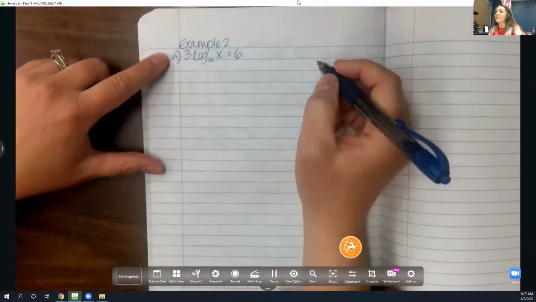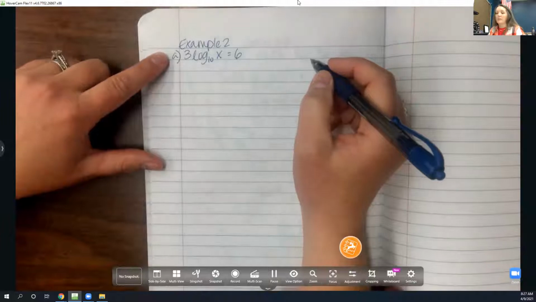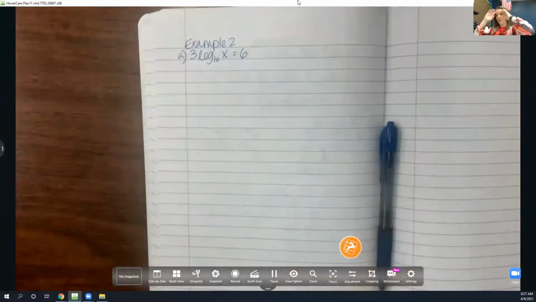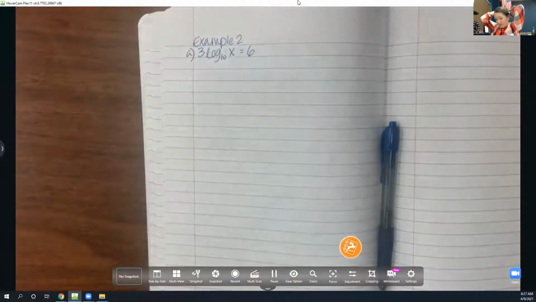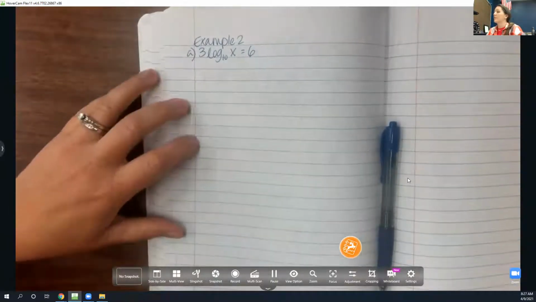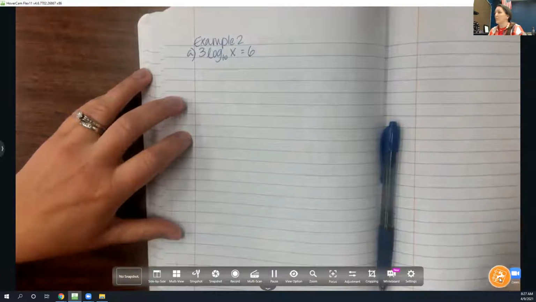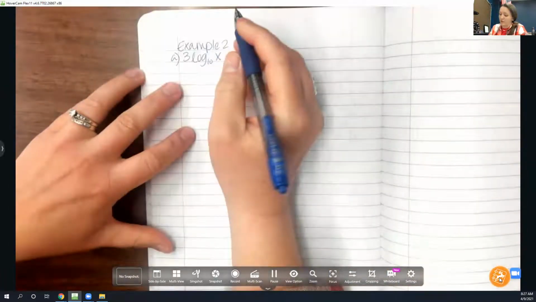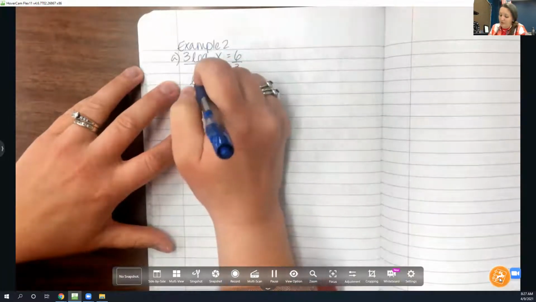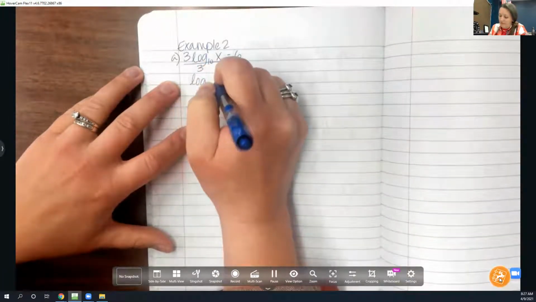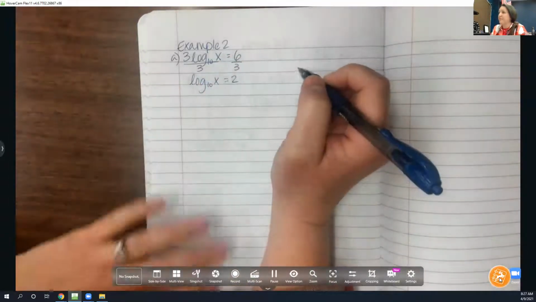Notice on the other ones that your logs or your exponents were already isolated. That's not the case for these. We have to isolate our logs first, or our exponents first, in order to find our solution. To do that, I'm going to divide by 3. So we have log base 10 of x equals 2.